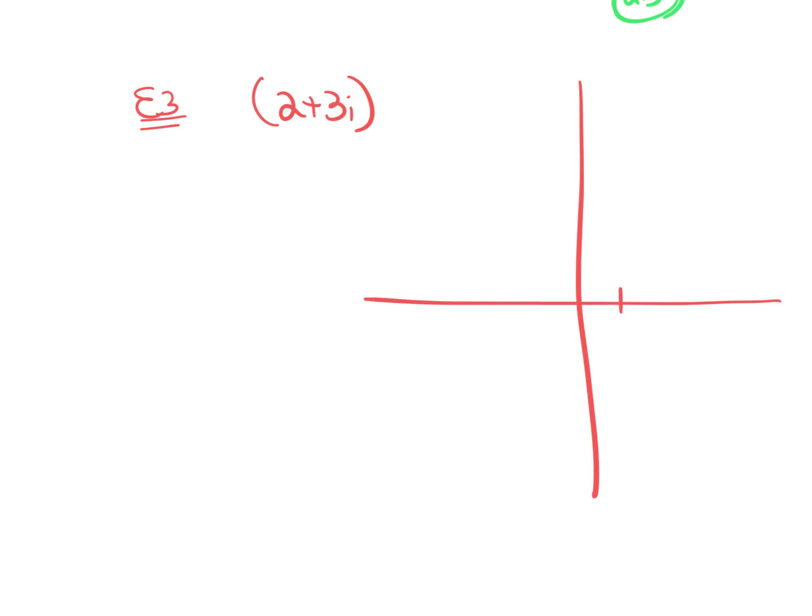So if we have number 3 here, let's say I have 2 plus 3i. Okay, so let's think about what quadrant are we in. It's not a straight line, but that's all right. So we're going right 2, up 3.